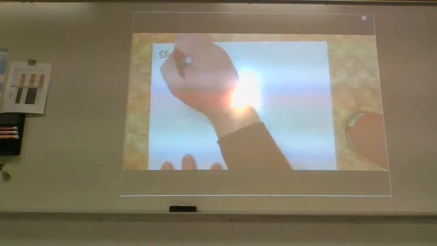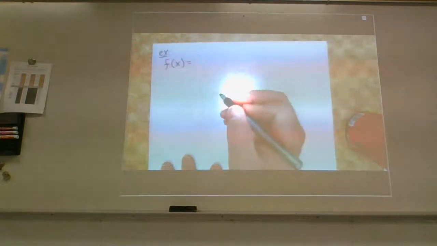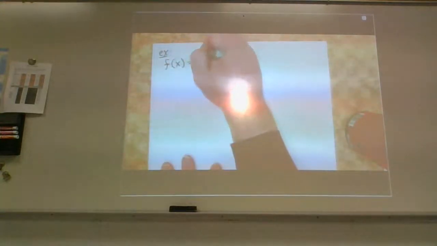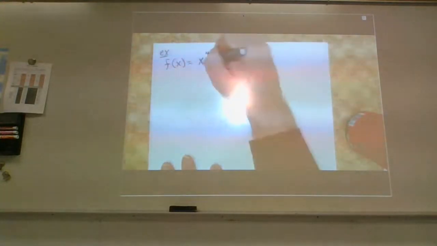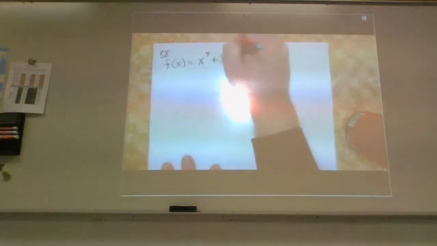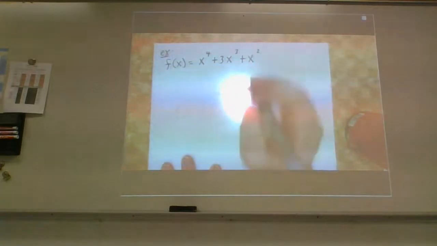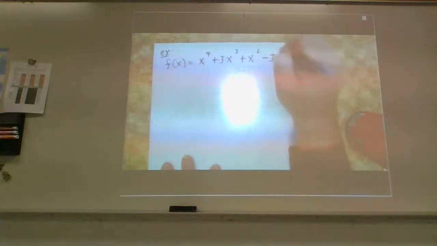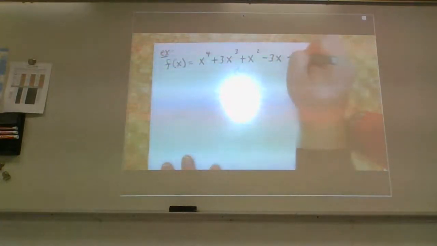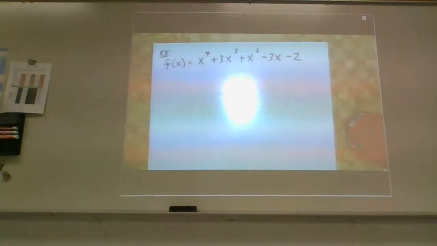New example. F of x equals x to the fourth plus 3x cubed plus x squared minus 3x minus 2. Look what we got here.